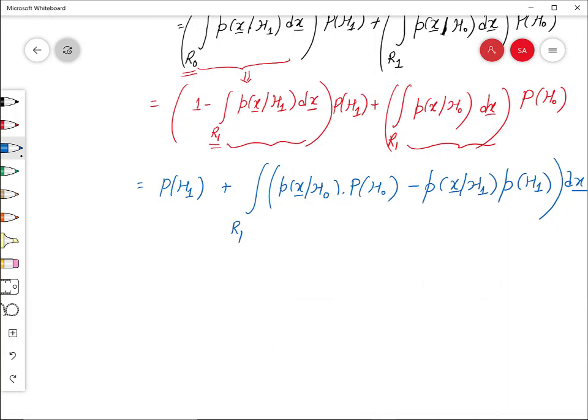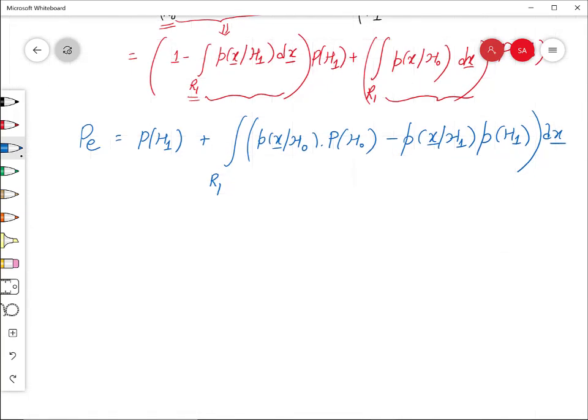So this is what I get as my PE, the probability of error. And how can I minimize this? I will be able to minimize this if this particular quantity in the integral is less than 0 for all X belonging to the region R1. Okay, so if X belongs to region R1, I want this particular integral to be less than 0 so that my probability of error is minimized.